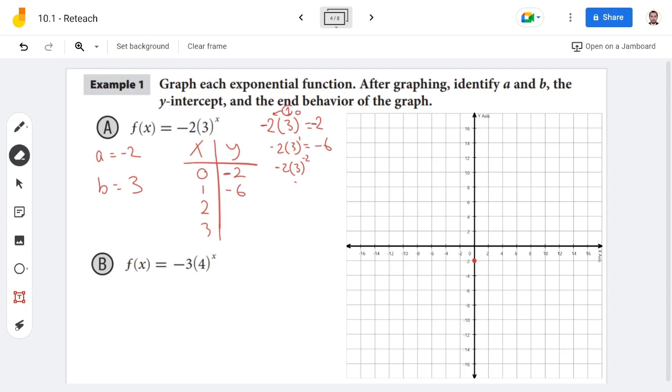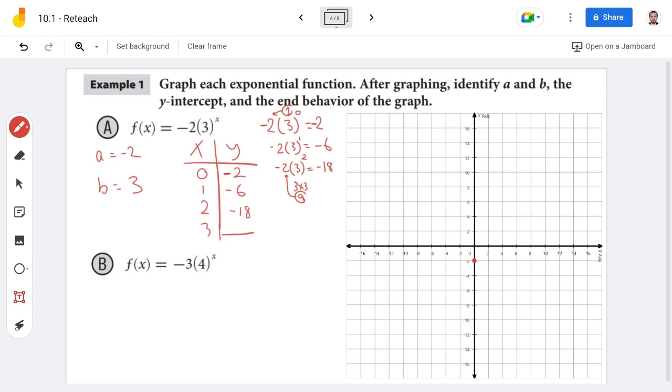We know that 3 to the power of 2 means 3 times 3, which is equal to 9. So 9 times -2 is equal to -18. Then you can also find it for 3, but I told you 3 points is enough. Now let's graph 0, -2.